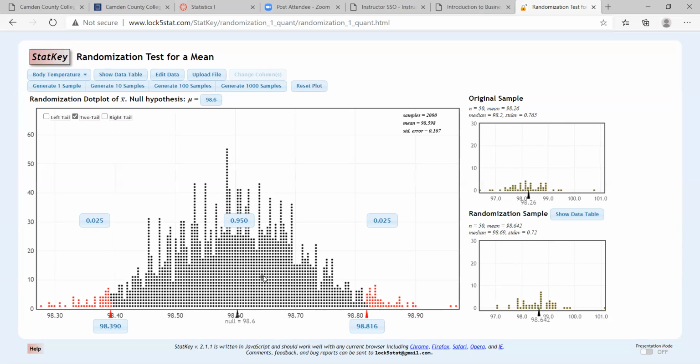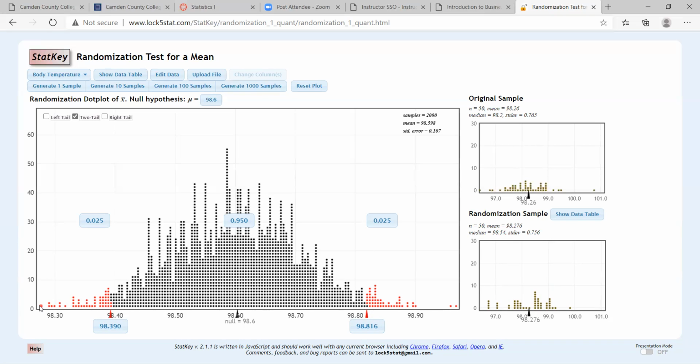But that's not what we're looking for. It's not 98.6, it's 98.26, excuse me. 98.26 is the sample mean. We want to know if the sample mean, where does it exist? Well, 98.26 is down here, isn't it? It's way down here. It's in the rejection region, isn't it?